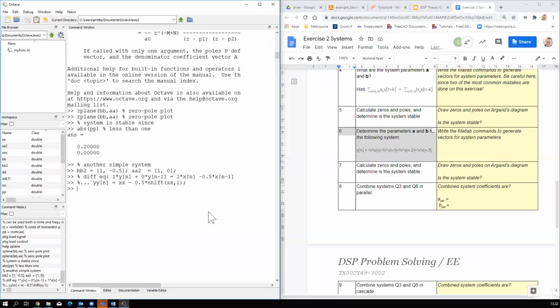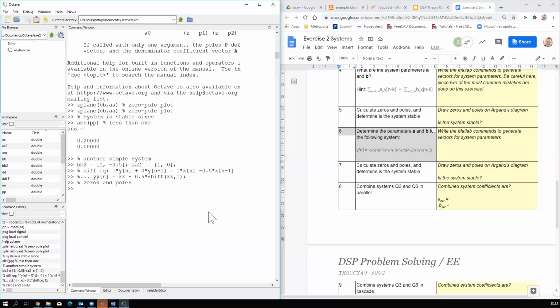For example, we can now find the zeros and poles for this system with Z-plane BB2, A2.